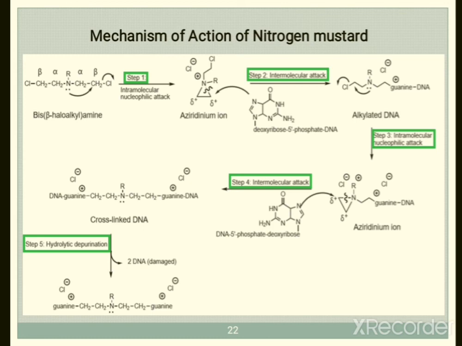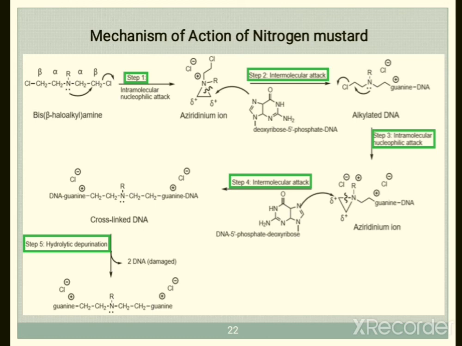Now further, one more chlorine will be there. The nitrogen has a lone pair, it will attack another beta carbon, there is removal of chlorine, and you will get step 3, the intramolecular nucleophilic attack.